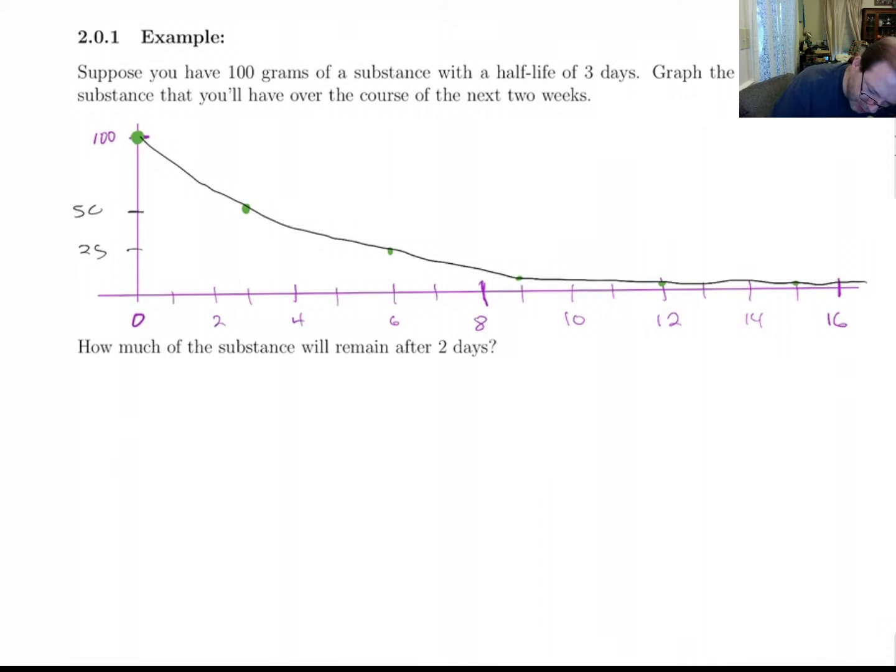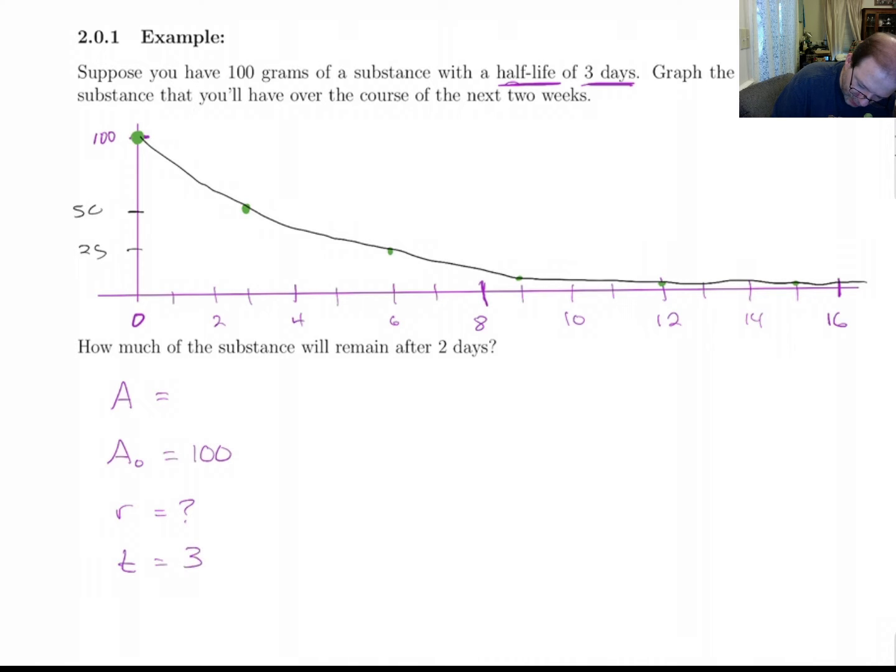So let's look at this. The half-life is 3 days. So the first thing we have to do is solve for R, because we're given all the other information. We know that we start with 100 grams.